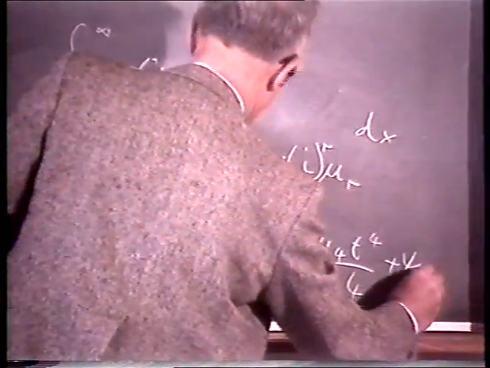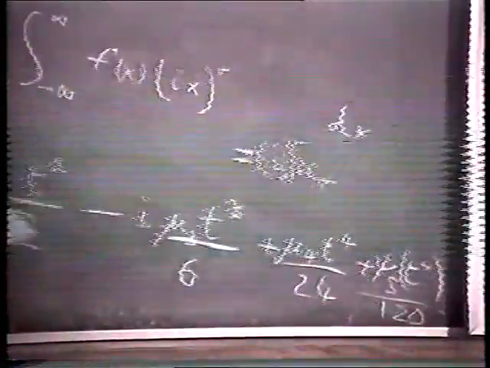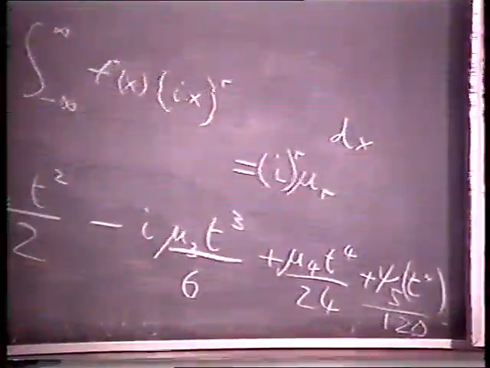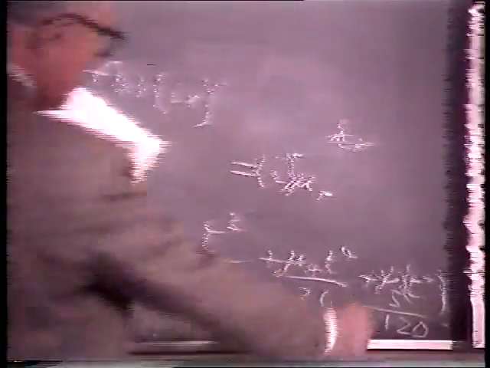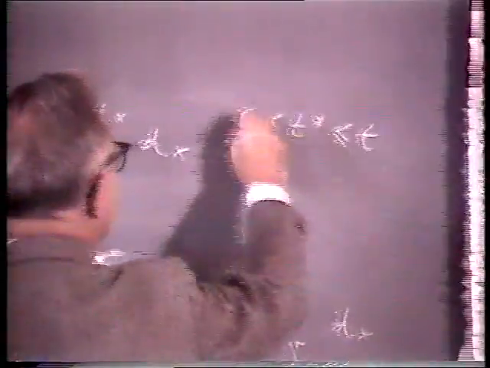I'll simply write it psi 5 t star upon 120, and that means the fifth derivative of psi t worked out at some point t star, with t less than or equal to t star less than or equal to 0.